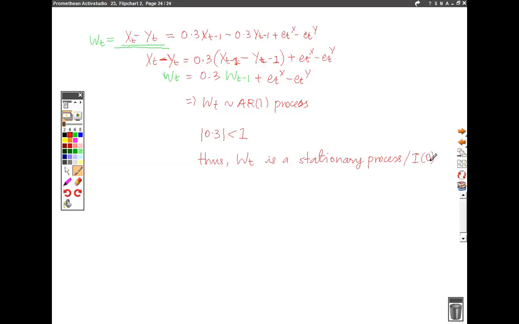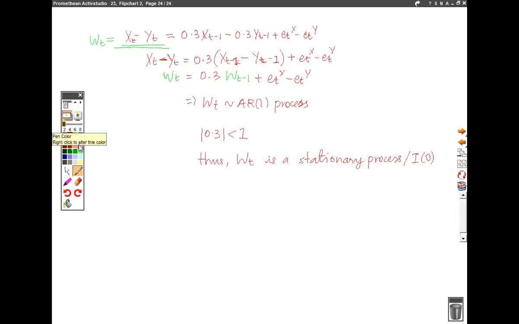So what we have just proven is that there exists some linear combination of x and y which will give me a stationary process. And remember, this is unique. Actually, this 1 and minus 1 is not unique, but the coefficient relationship here is.